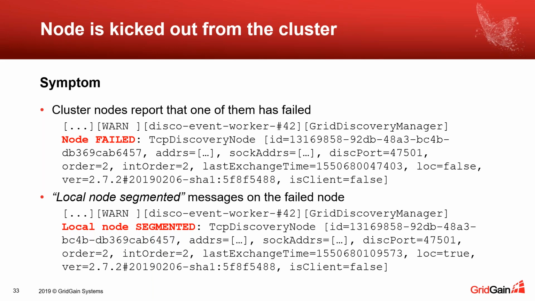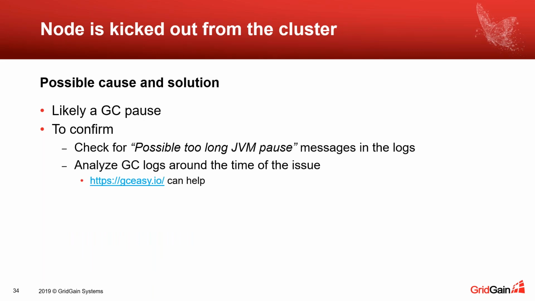So why has the node failed? A likely cause is a garbage collection pause. What "local node segmented" means is that the cluster has decided that the node is no longer in the cluster because it hasn't responded for a long time.